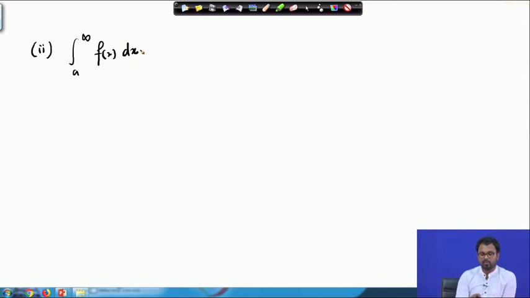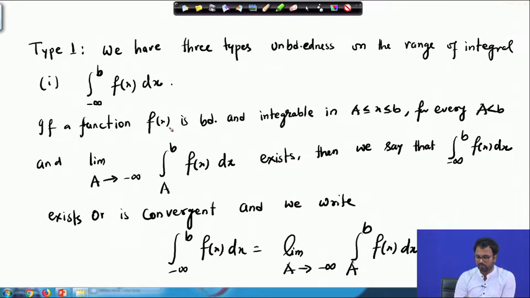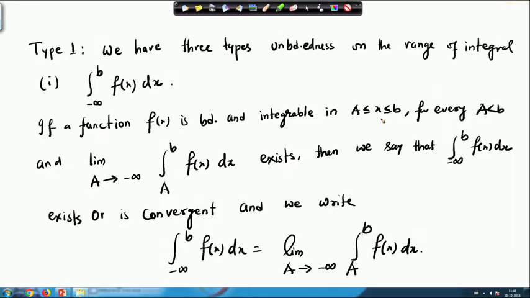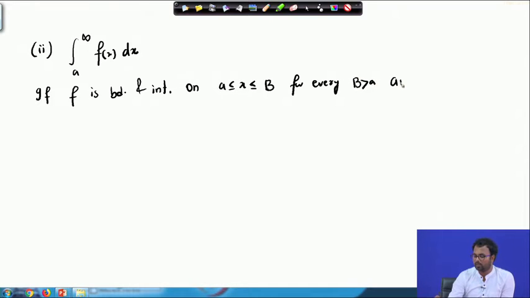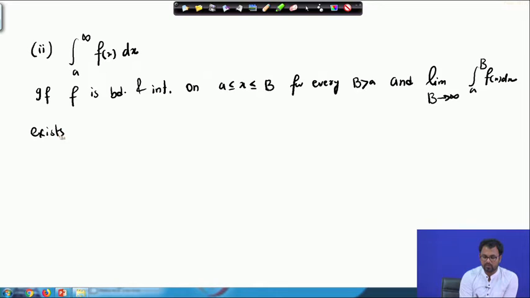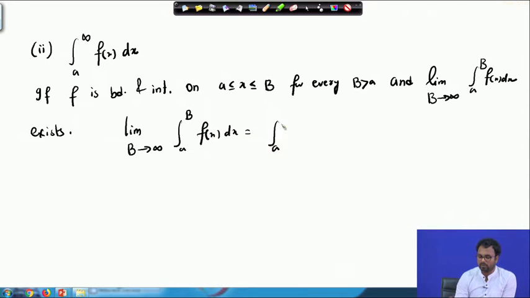Then the definition goes pretty much the same: if f(x) is a bounded function and integrable from a to capital B for every b greater than a, and this limit b goes to infinity, integral from a to b f(x) dx exists, then we say that this integral is convergent, and we can write limit b goes to infinity, integral from a to b f(x) dx is equal to the value of that integral.